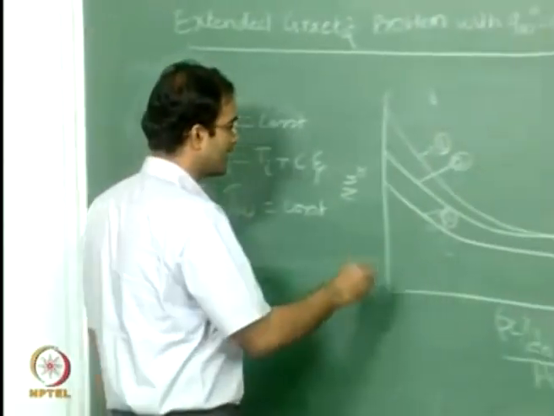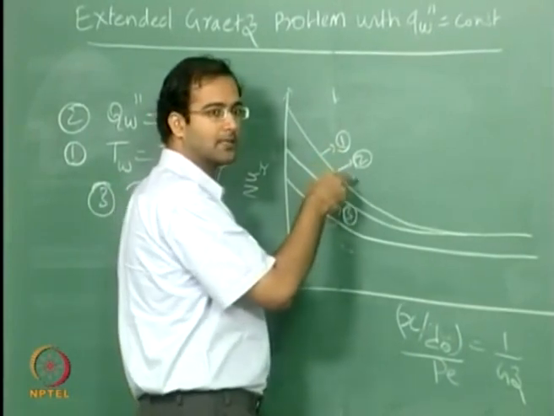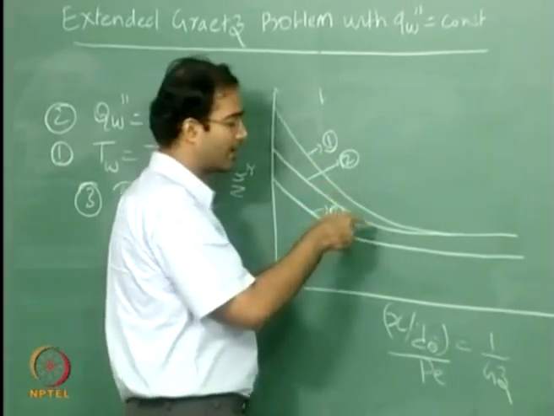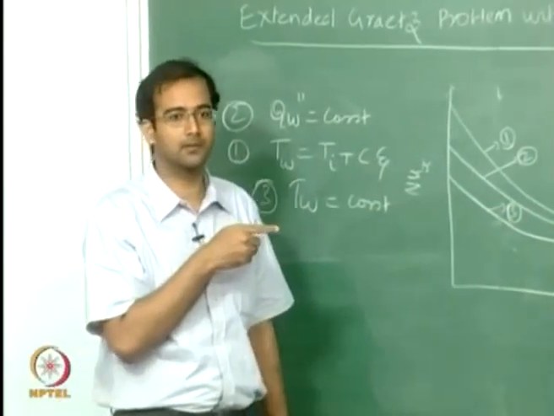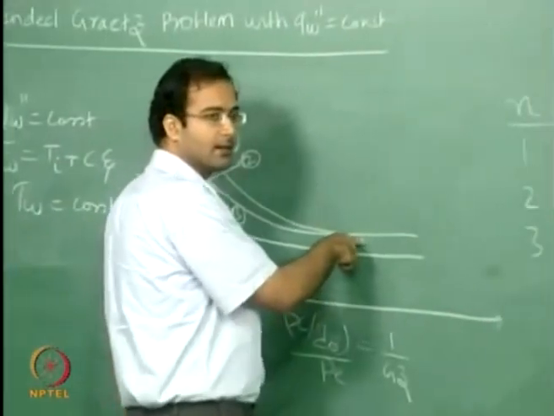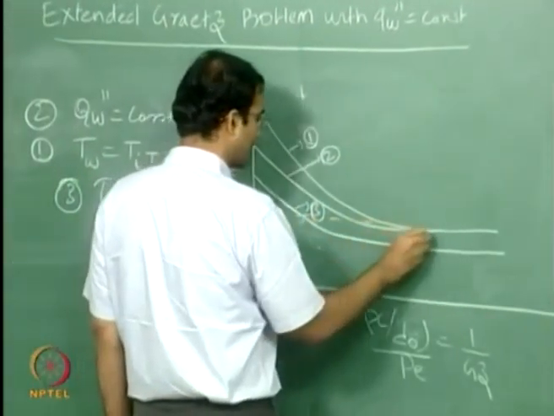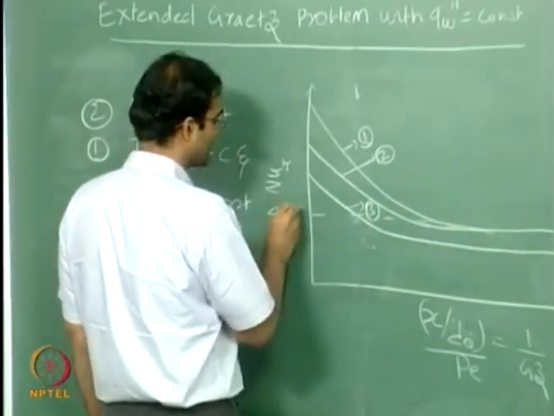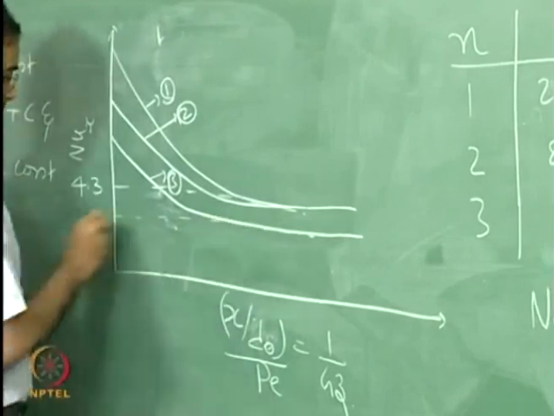Finally, whether it is linear variation of wall temperature or Q wall is a constant, once it becomes both thermally and hydrodynamically fully developed, they reach the same value. That is why these two merge, and you see the corresponding value is 4.3, and for the wall temperature you have 3.6.